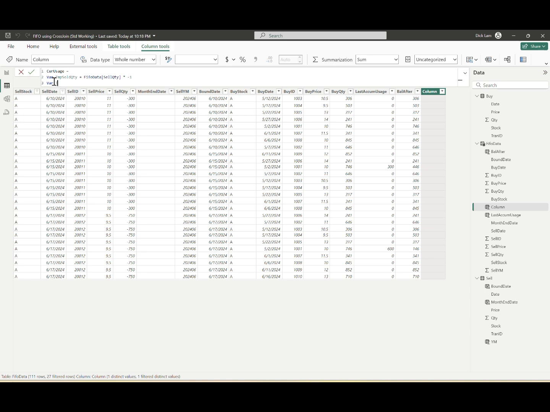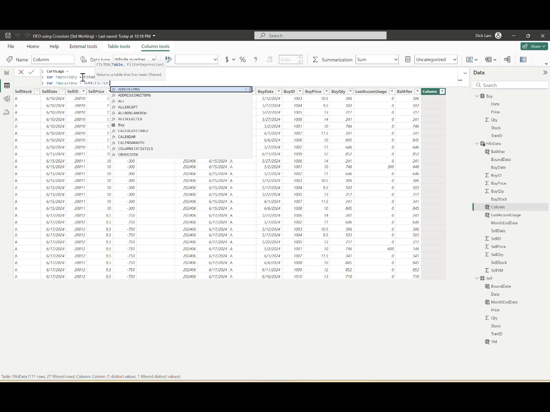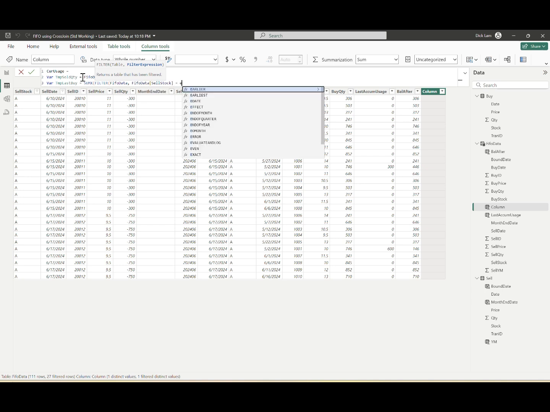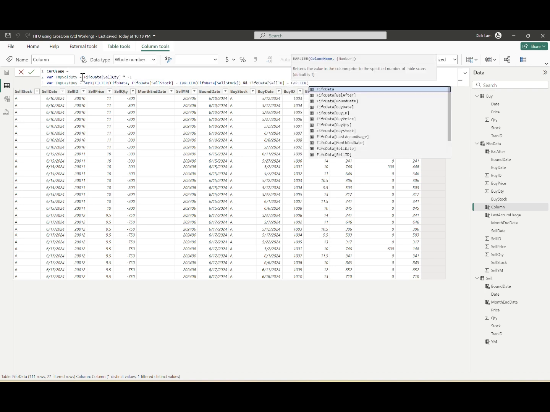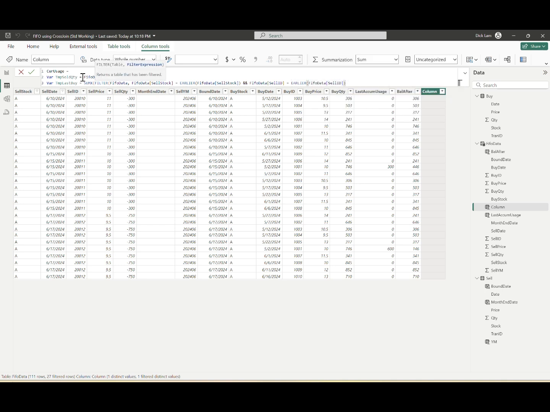So it should be the term last buy, SUMX, FILTER. It should be the FIFO data, the stock. They are the same. And the sell ID, within the same sell ID. So I need to use the earlier sell ID. All right. And the buy ID is less than the current buy ID. So I need to use the earlier.